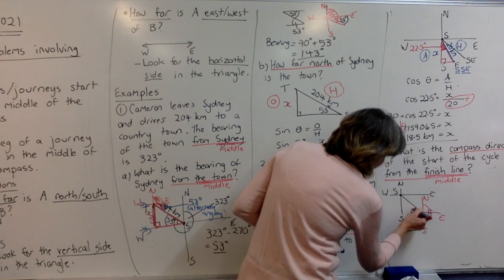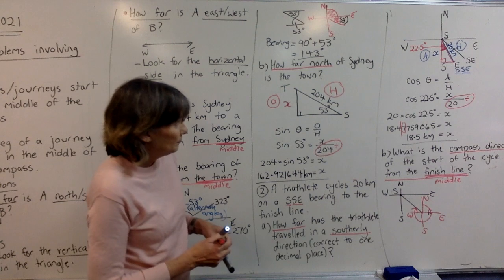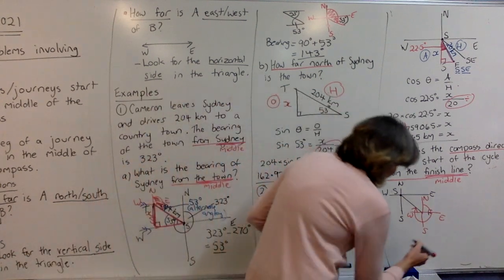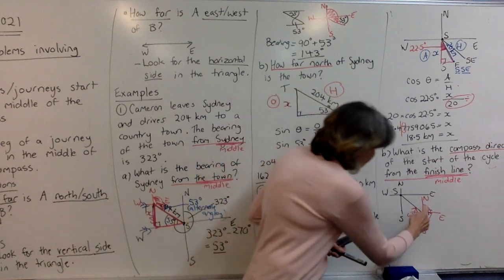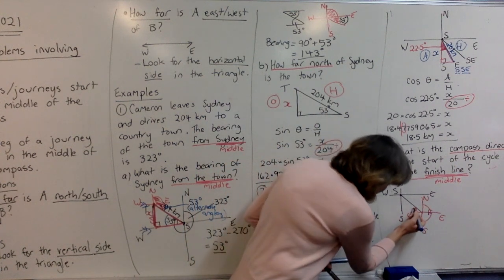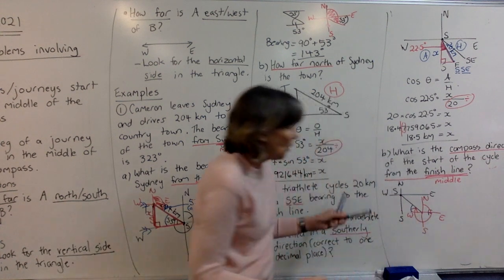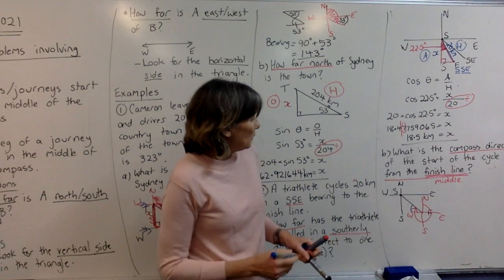Now if you can give that answer, that's what they want, all of that angle there. So, to find all of that, we know that from north all the way around to west is 270. So if we can find this little angle in here, then we'll be nearly there. So we're going to find that angle.